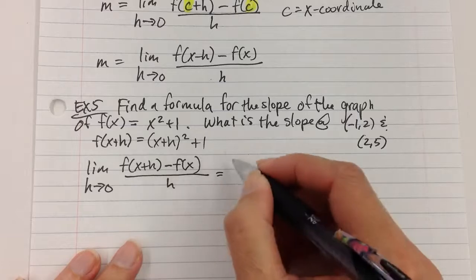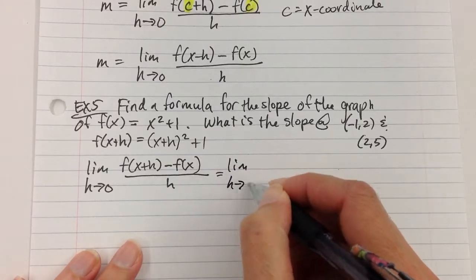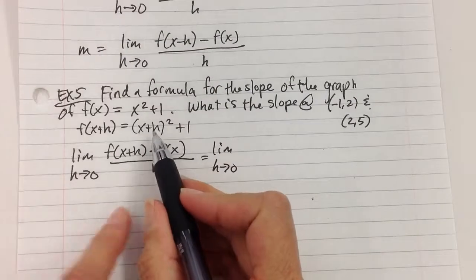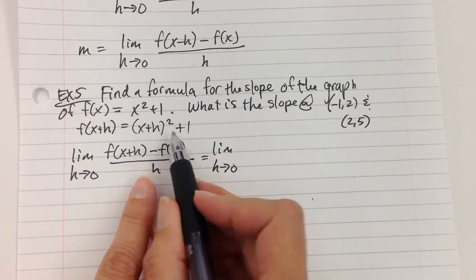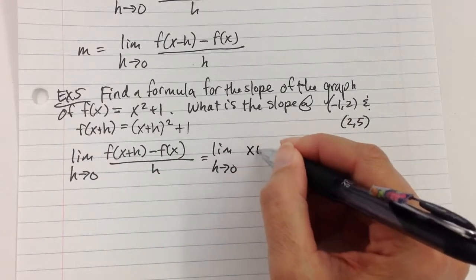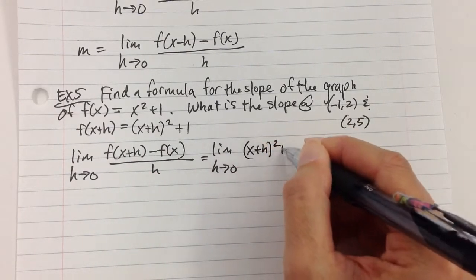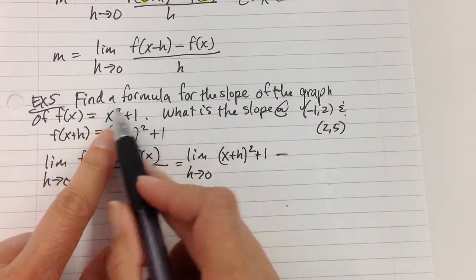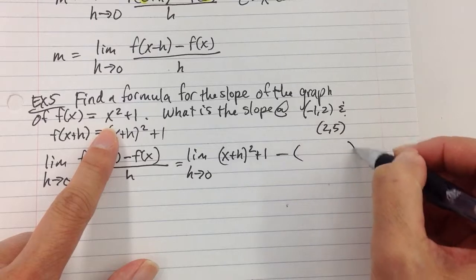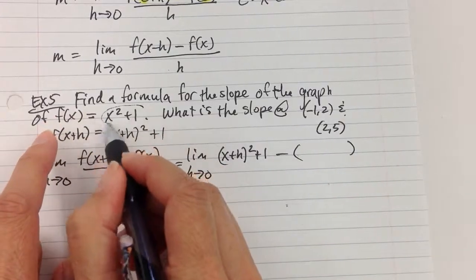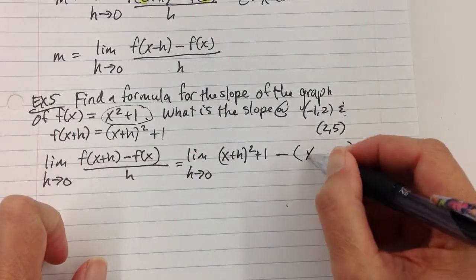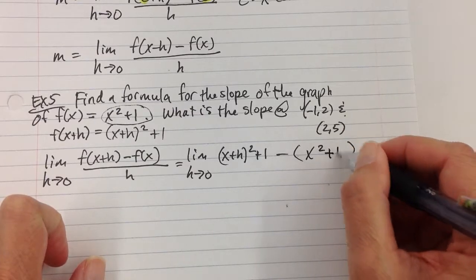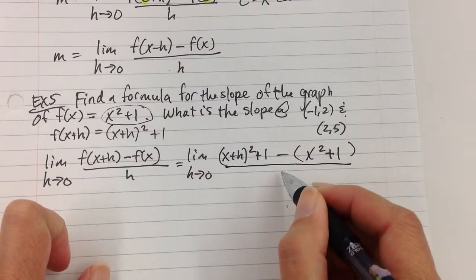Okay, so the limit as h approaches 0. F of x plus h is x plus h squared plus 1, minus my f of x, well, my f of x is this whole thing. I need to subtract the whole thing, so make sure you put parentheses around this whole thing, which is x squared plus 1, all over h.